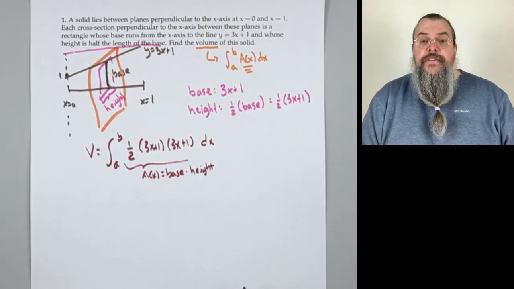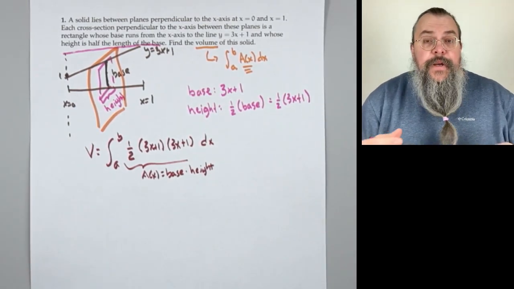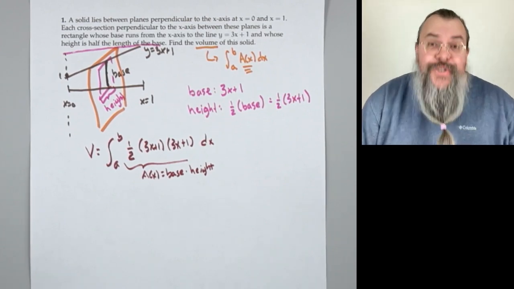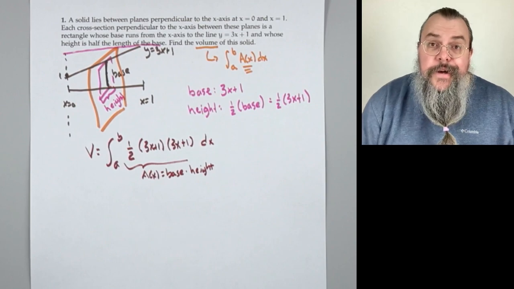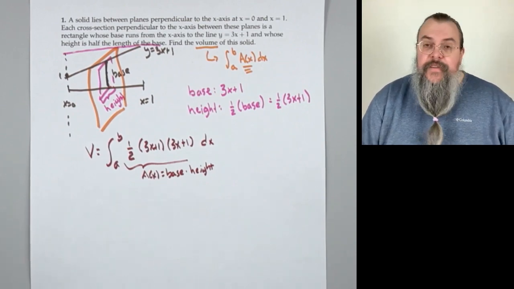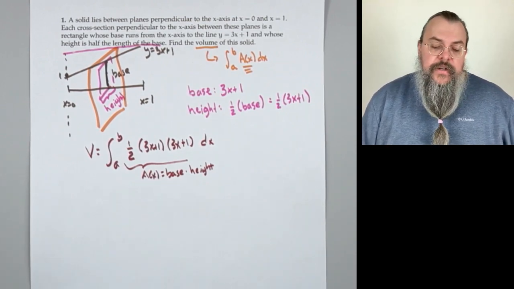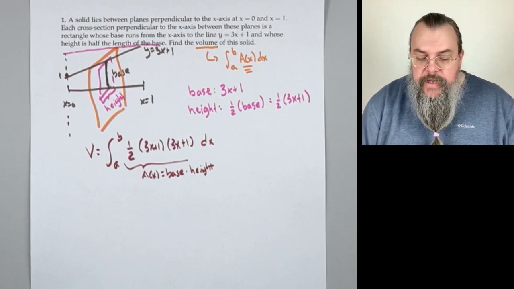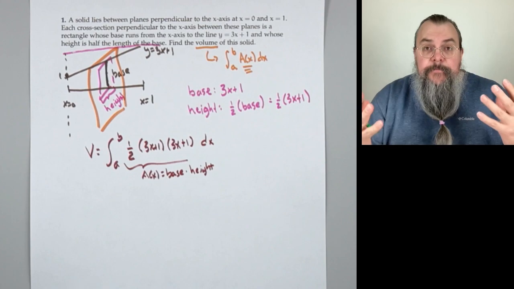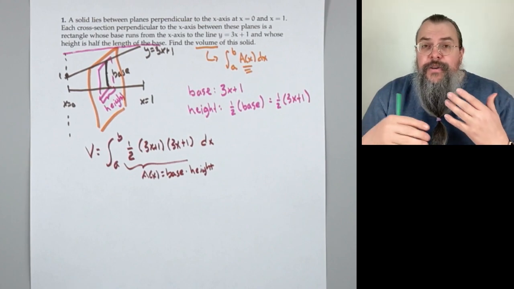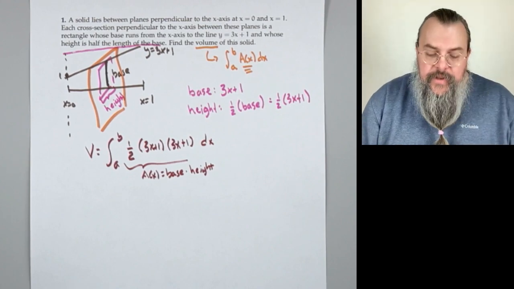Okay, so that's the setup. And really on this kind of problem, the majority of the problem is the setup. But of course, we're not done. Once we have the setup, we want the answer, so we've got to work it out. There are a couple of ways you could do this one. You can expand it, or you can do some simple substitution if you want.